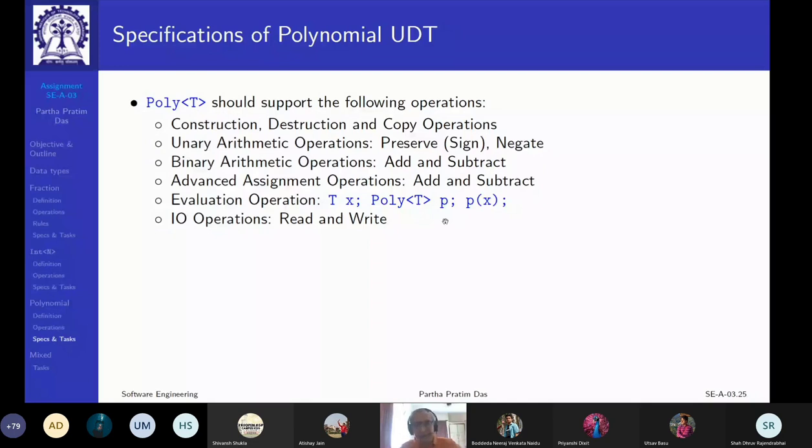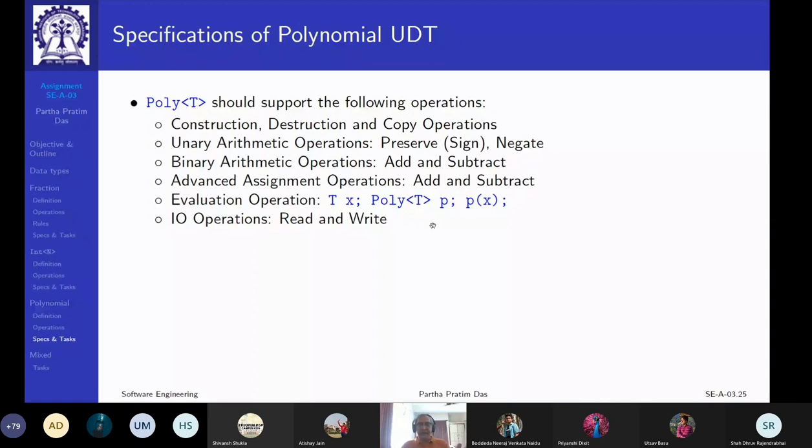Rather, I want to overload the function call operator so that I can simply say p(x) the way you write it in algebra. Right? You write p(x), the value of, so p(2) is the value of the polynomial at 2. So I should be able to write that, and that is what you'll have to realize. So in addition, you have IO operations, read, write, of course.